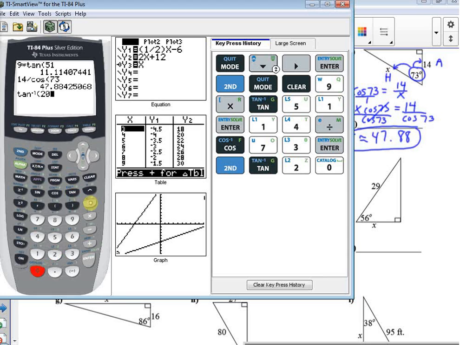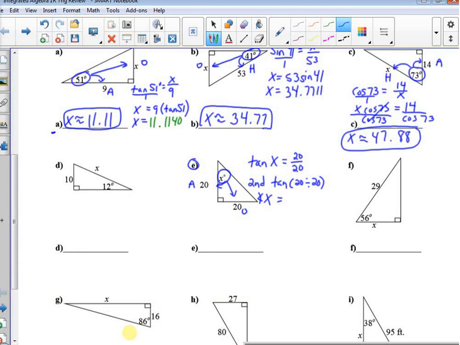It can be a decimal or a fraction. And there it is, 45. Remember, you're in degree mode. So the measure of angle x is 45 degrees. So I put a little lowercase m, angle symbol, x. And this was exactly equal to 45, not approximately.